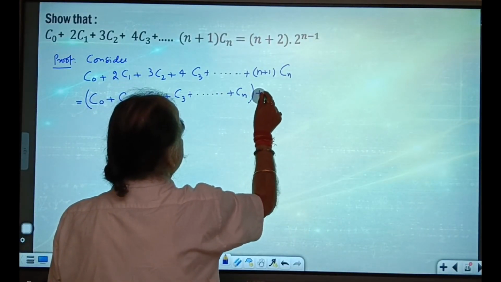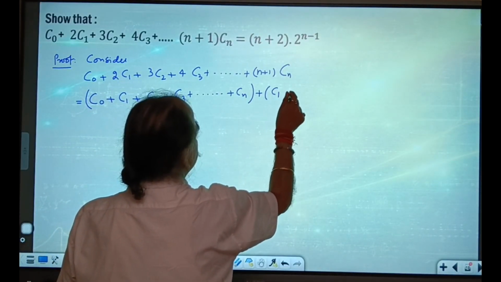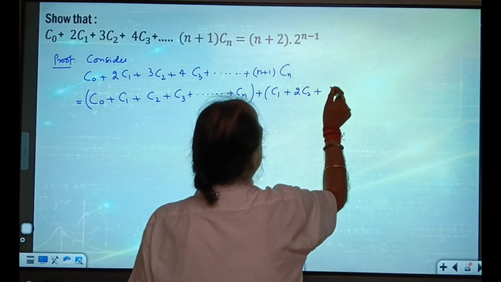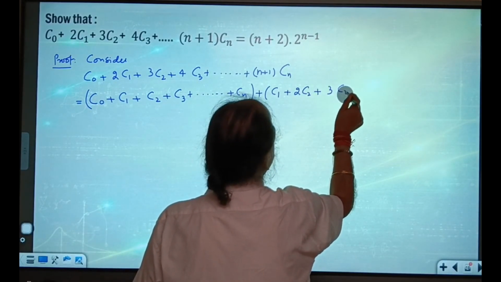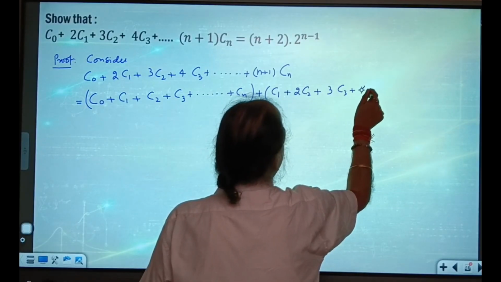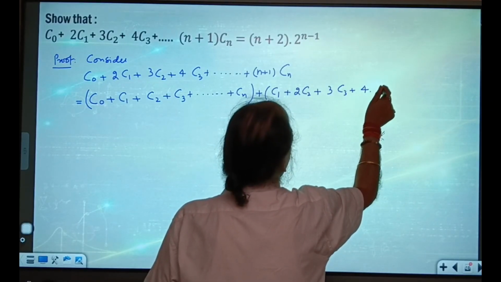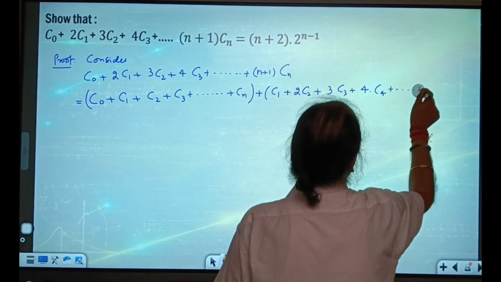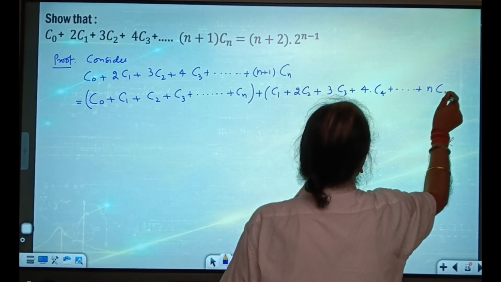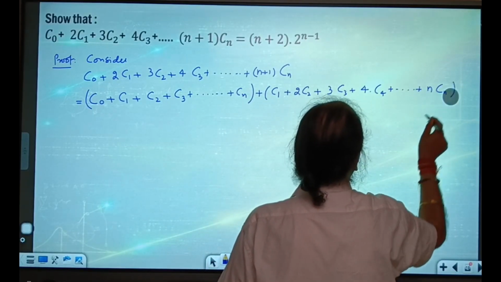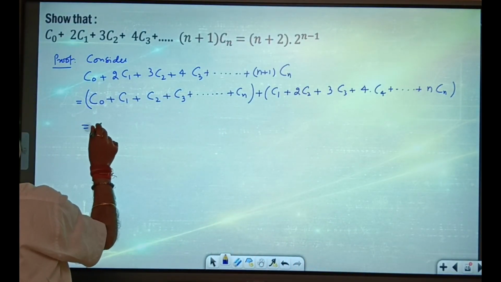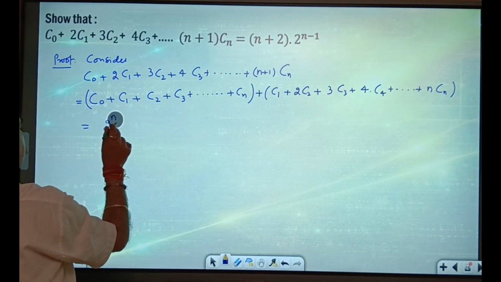So in the second bracket I will write C1 plus 2C2 plus 3 times C3 plus 4 times C4 plus n times Cn. This sum is nothing but 2 to the power n.